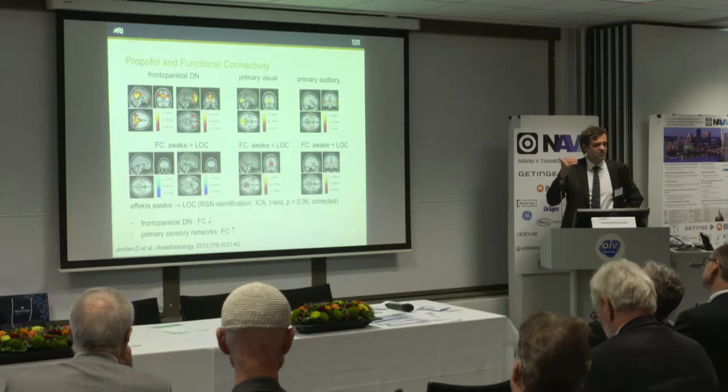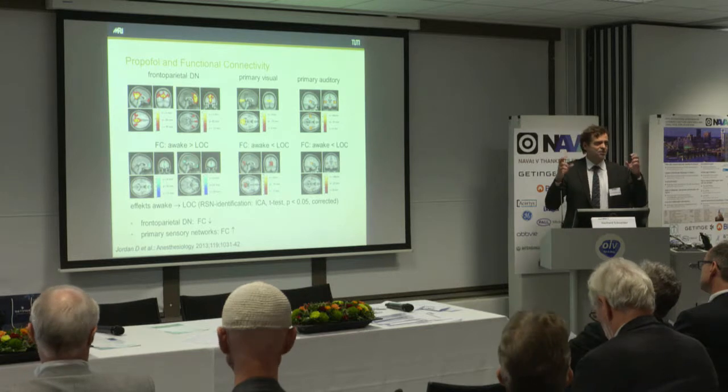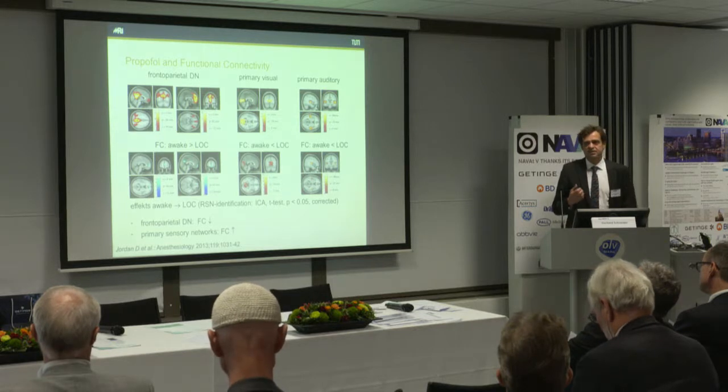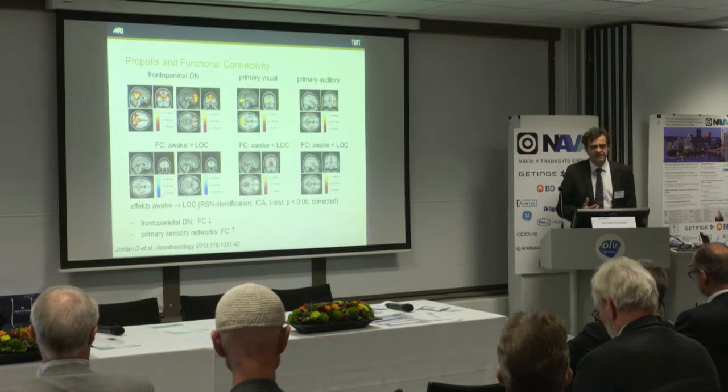So the default network goes very much down during loss of consciousness, whereas the primary visual and primary auditory networks remain stable in their activity. So it seems that you do not abolish the primary reaction to sensory stimuli, but you abolish the capability of the brain to integrate this information. So the default network and the loss of functional connectivity in the default network seem to play a key role for loss of consciousness.